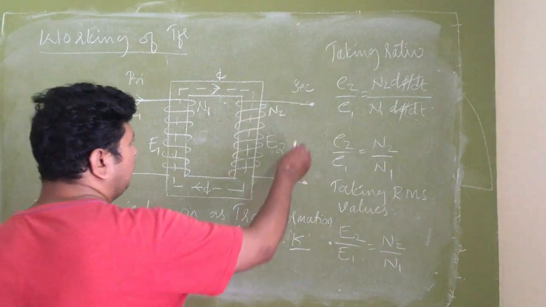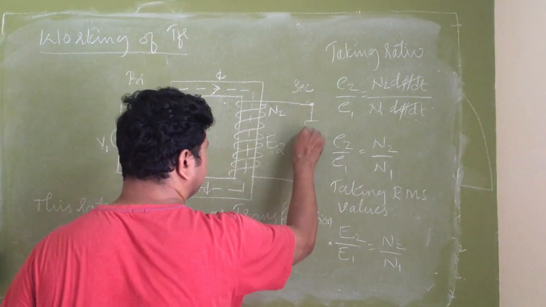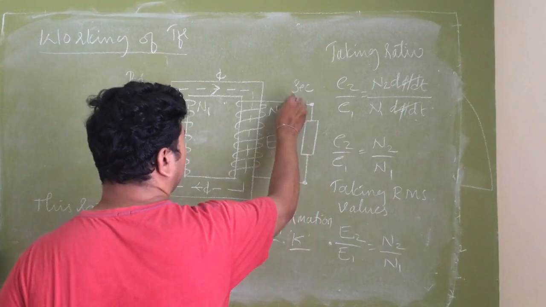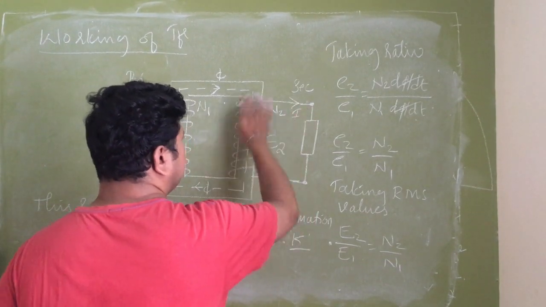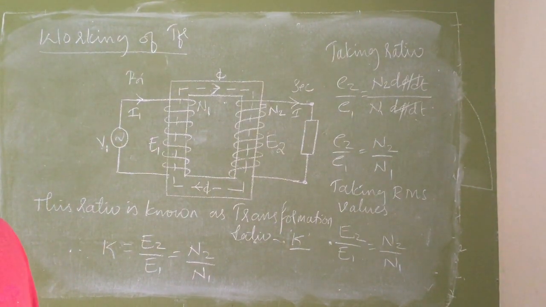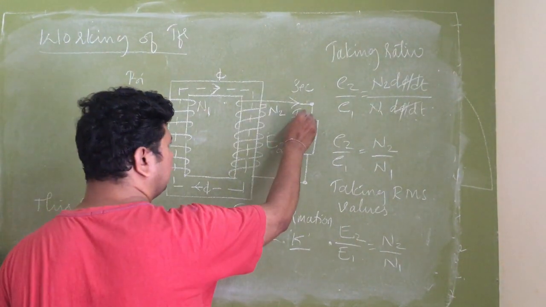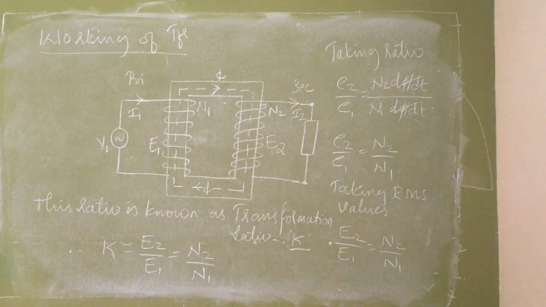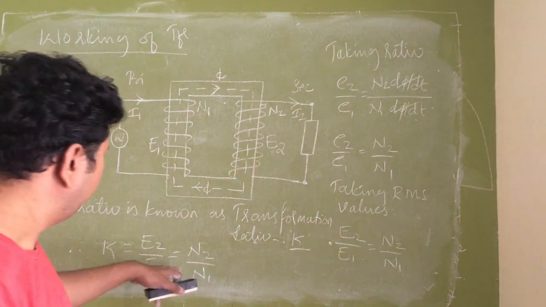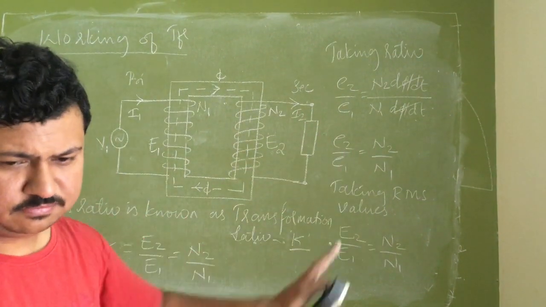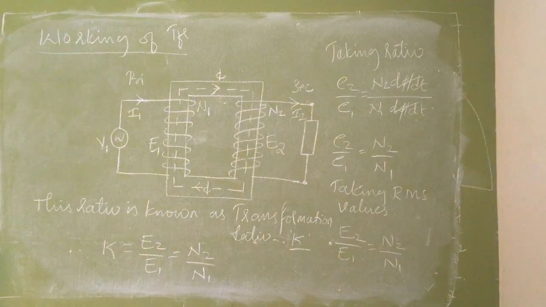Now if I connect a load on the secondary, then the secondary circuit will form a closed loop or closed path, and the current I2 starts flowing in the secondary coil. If I don't connect any load, current I2 is 0. There is no current in the secondary winding.